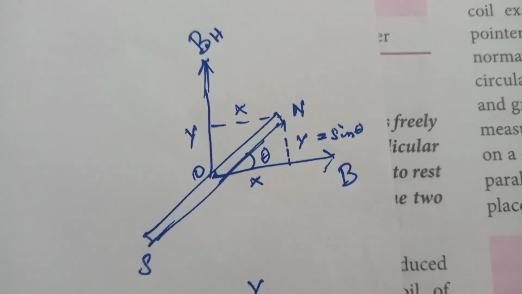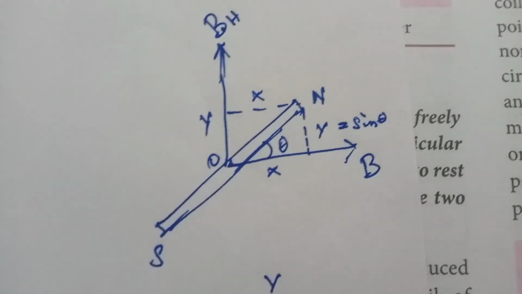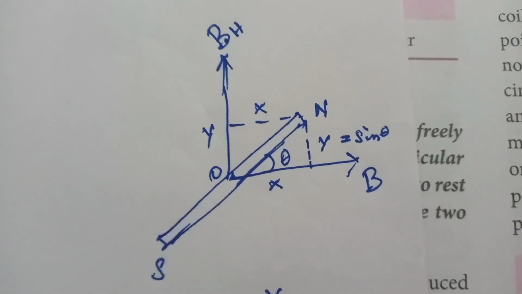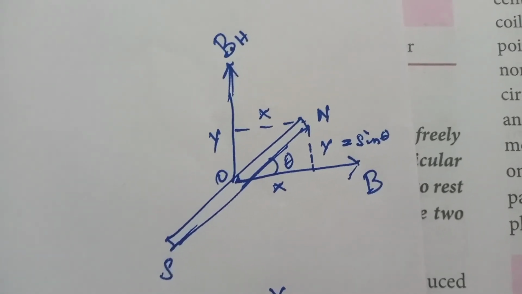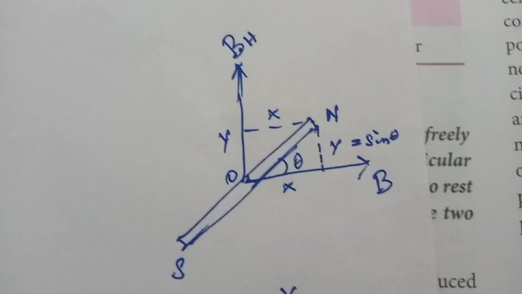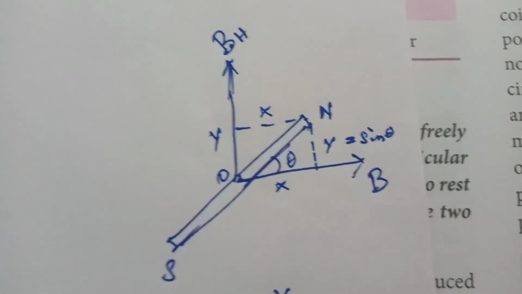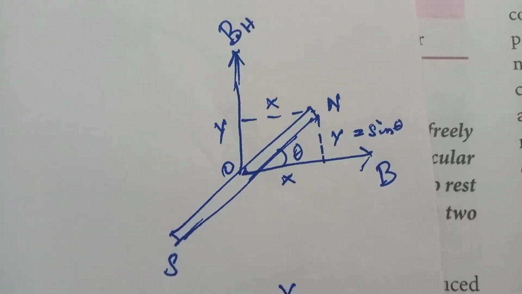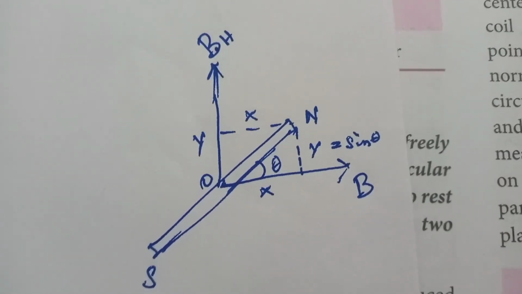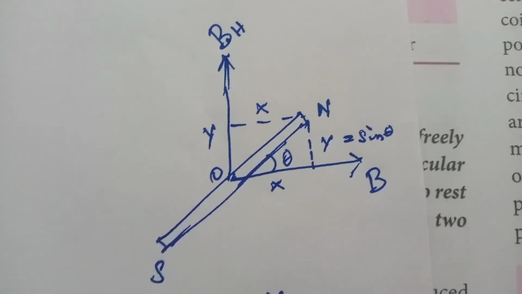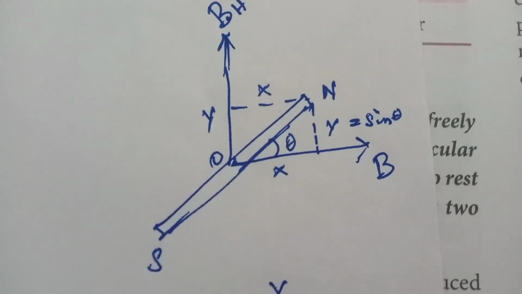Before that, we take a bar magnet, north and south. This is the freely suspended bar magnet. It always comes to the position of the resultant of the two magnetic fields. What are the two magnetic fields present here? BH is the horizontal Earth's magnetic field, and B is the magnetic field produced around the current.